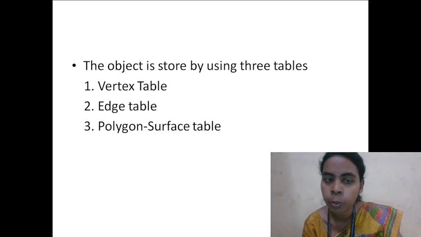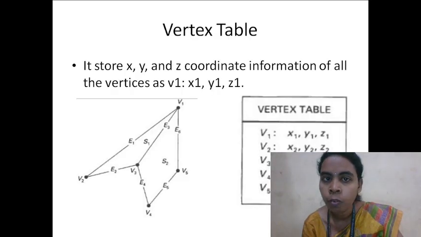The vertex table contains vertices and their coordinate points. Vertex V1 contains x1, y1, z1. V2 contains x2, y2, z2. V3 contains x3, y3, z3. V4 contains x4, y4, z4, and V5 contains x5, y5, z5.